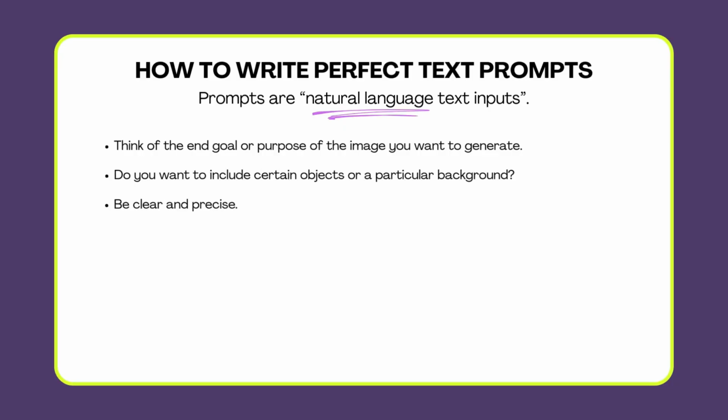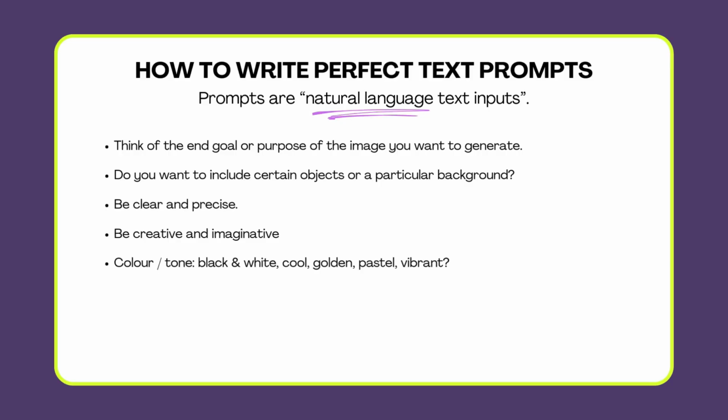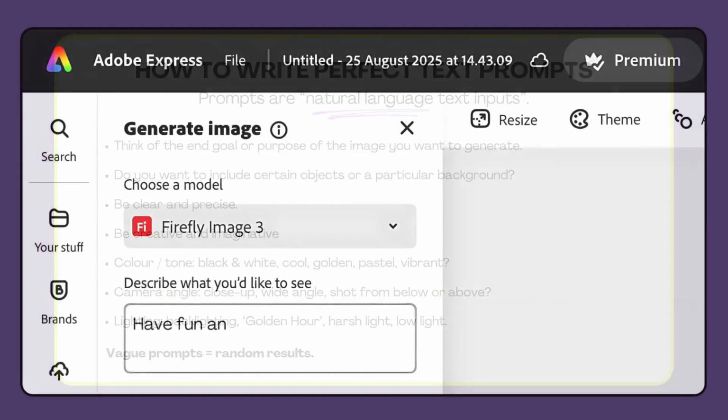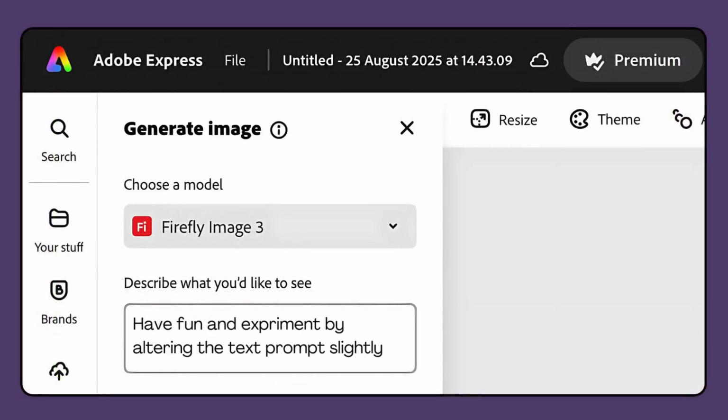Be clear and precise. Be creative and imaginative. Think about the colour and tone of the image. What sort of camera angle do you want to use? Think about the sort of lighting that you want to incorporate within the image. The more vague your text prompt is, the more random the results you'll likely get. And don't forget, you can always experiment and edit the text prompt if you don't get the image right first go.